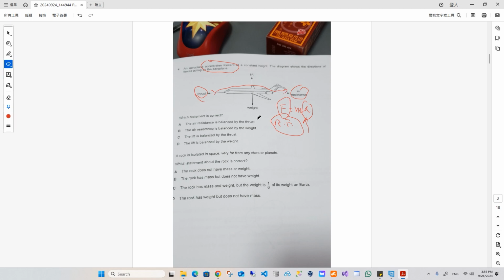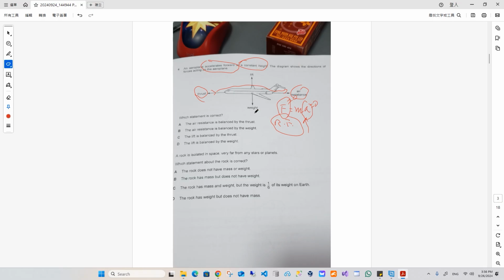How about up and down? Vertically, we say constant height. Constant height means there is no change of velocity either, so there's no tendency of going up or down, it can remain stationary. That means acceleration is equal to 0. When acceleration equals 0, the resultant force is equal to 0, which means the up-down forces are balanced.